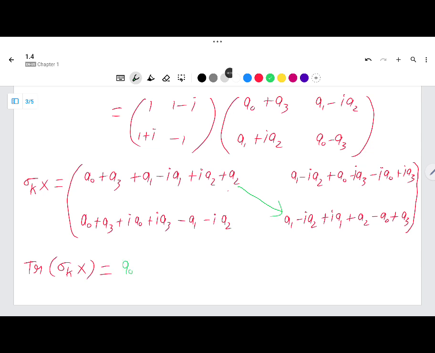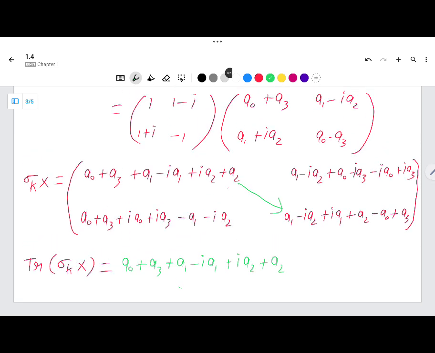So there is a0 plus a3 plus a1 minus i a1, plus a1 minus i a2 plus a3. a1 and i a1 cancel, i a2 will cancel, and the rest of the things will be saved.